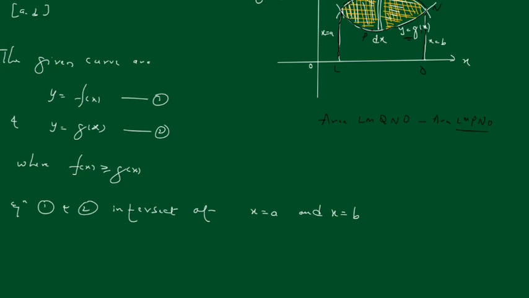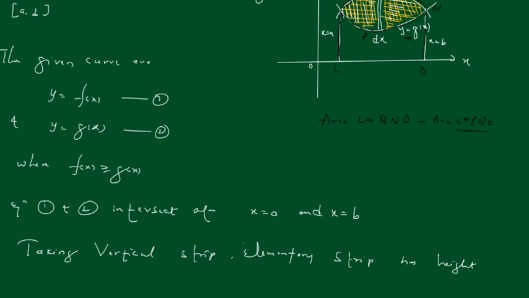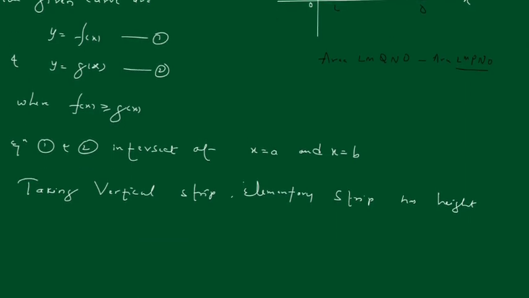So here, with intersection points at x equals to a and x equals to b, we take a vertical strip. The elementary strip has height f of x minus g of x, that is y equals to f of x minus g of x, and width dx.